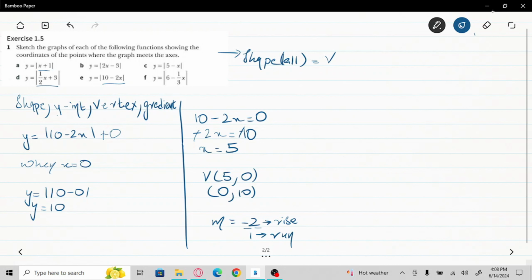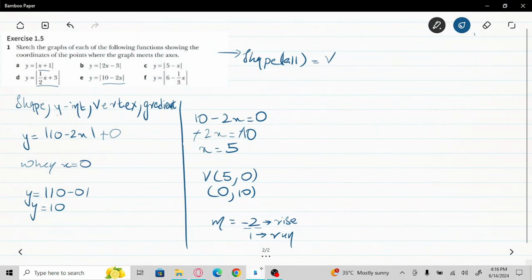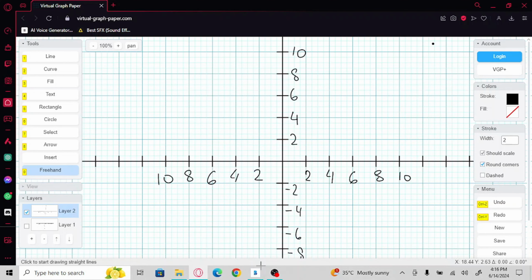I'm going to show you in the graph. It's going to be much easier there. So just copy the coordinates. We have drawn the graph: 5, 0 and 0, 10, and the gradient is -2 upon 1.